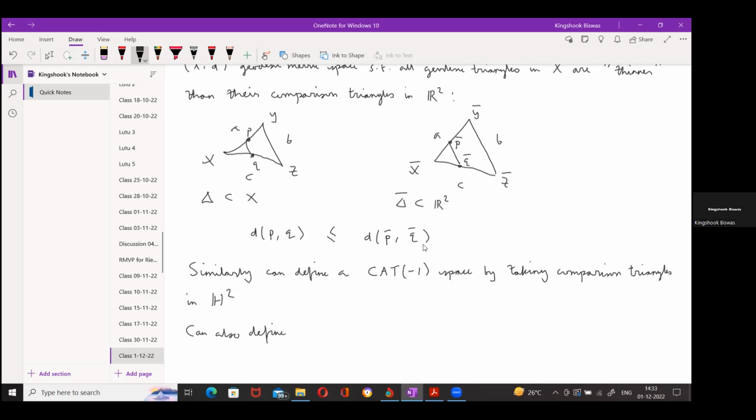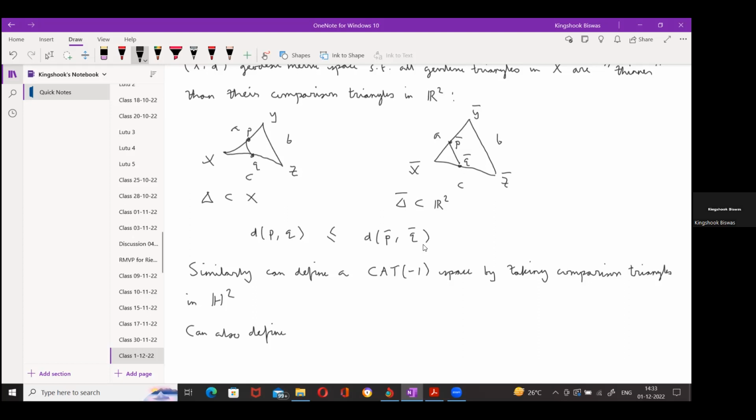That is true, but that needs a little proof. So if I take a triangle in H2 and look at its comparison triangle in R2, then the triangle in H2 will be thinner than the triangle in R2. That is true. It needs a little proof.